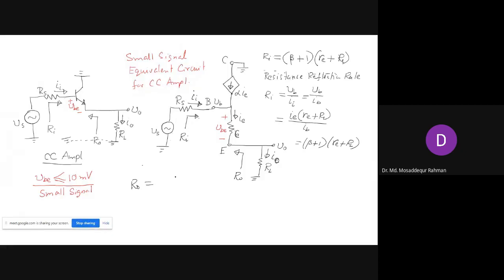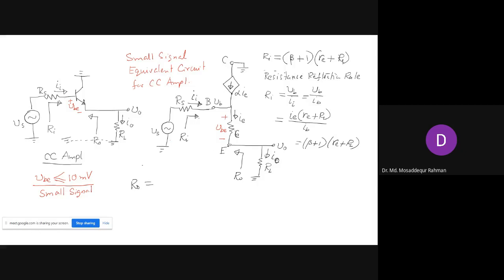Okay, what is the output resistance? Hello guys, what is the output resistance? So no one can tell me, okay.